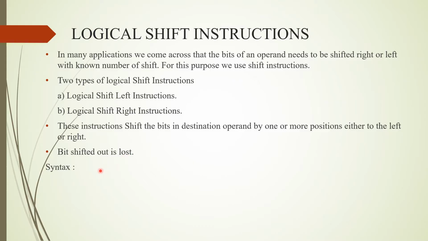The syntax of these instructions mainly consists of an opcode, a destination operand, and the number of times the shift needs to be executed. If this number is 1, the data of the destination operand is shifted only one time, either towards left or right as specified in the opcode.